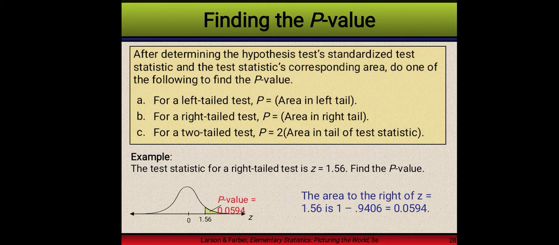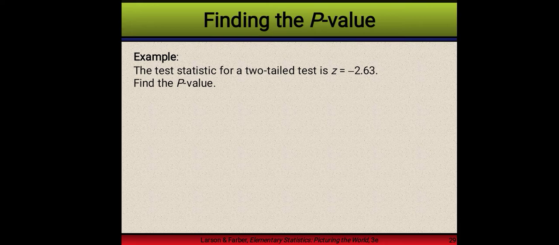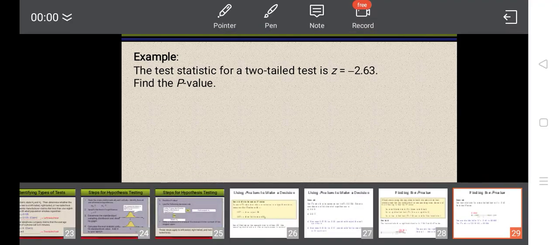Another example. The test statistic for a two-tailed test is z equals negative 2.63. Find the p-value. That is a representation.